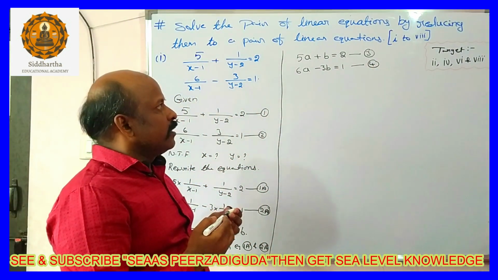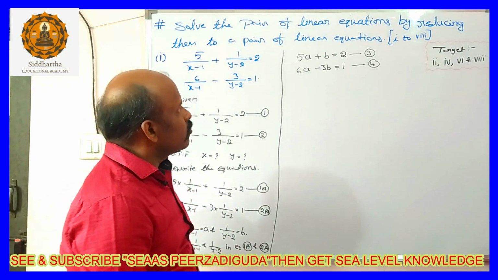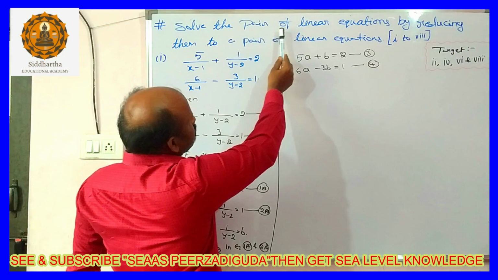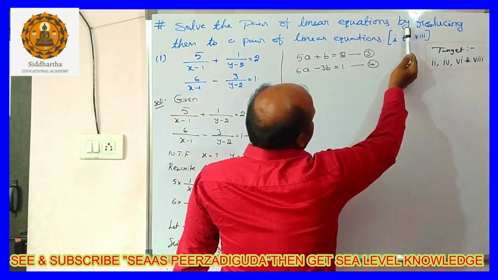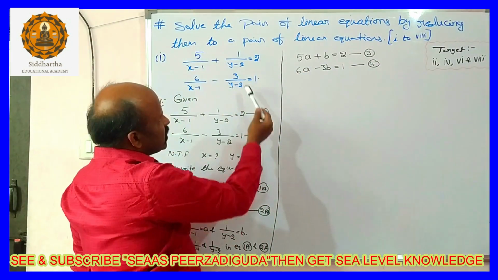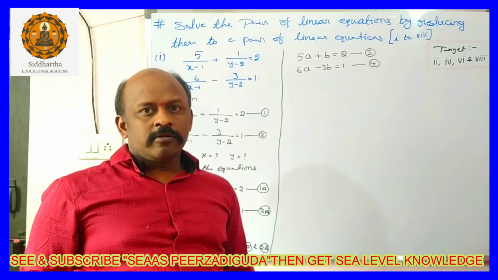After writing equation number 3 and equation number 4, what is there in question 1 is to solve the pair of linear equations by reducing them. I have reduced it like this. Now I am going to solve.